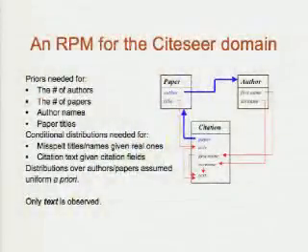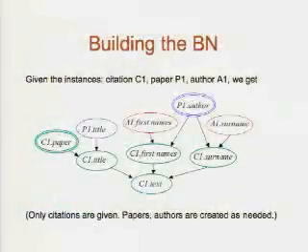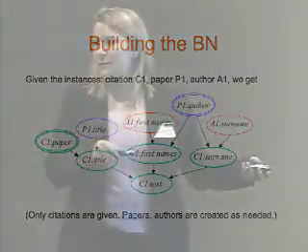In these examples, I'm assuming that each citation just has one author, just for simplicity. And then the citation title is dependent on the title of the paper responsible for it. And here we have this special node, a Bayes node that corresponds to one of these complex attributes that map to objects. So this is a node that is going to say which particular paper this citation refers to.